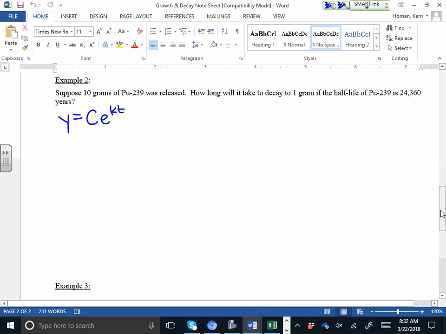Okay? Now, 10 grams was released. What does that mean? That's our initial value. C is 10. We need to determine what K is so we can figure out how long it will take to decay to 1 gram. It gives us the half-life. Okay? What's half of 10? 5.